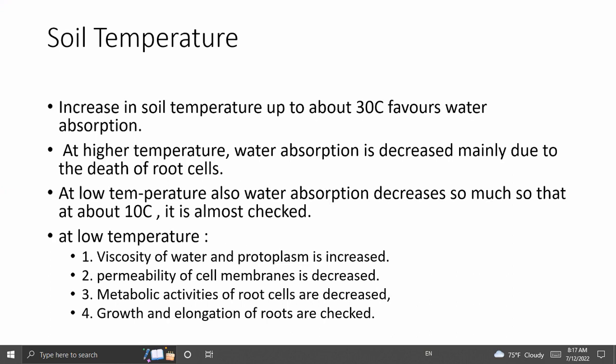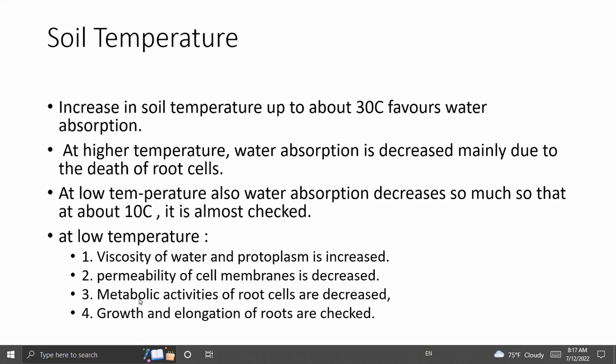But in low temperature, four things happen. The viscosity of the water and protoplasm increases. Second, the permeability of the cell membrane decreases. Why? The pores are closed, therefore permeability of the cell membrane is decreased.